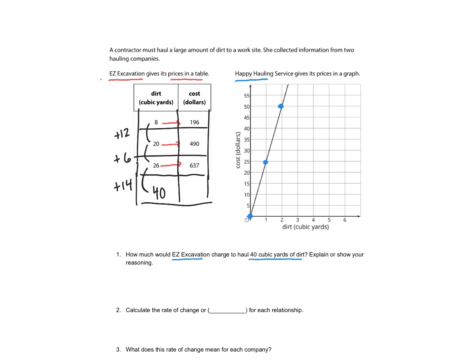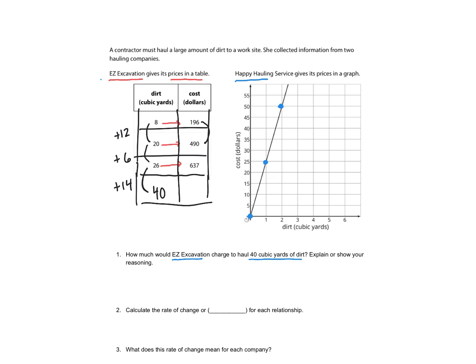So one thing I notice is they've given it prices in a table. They have not actually said that it is proportional for this one, but it is implied that it's proportional. And I can check and see if it's proportional. So I'll take a look, 196 to 490. So you would say, well, what did they do to get from 196 to 490?